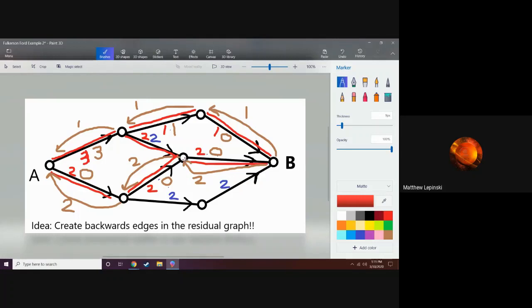And then this will be a 2. And this will be a 2. And at this point, because I am backtracking here, using the backtracking edge, what I'm going to be doing is actually deleting flow.